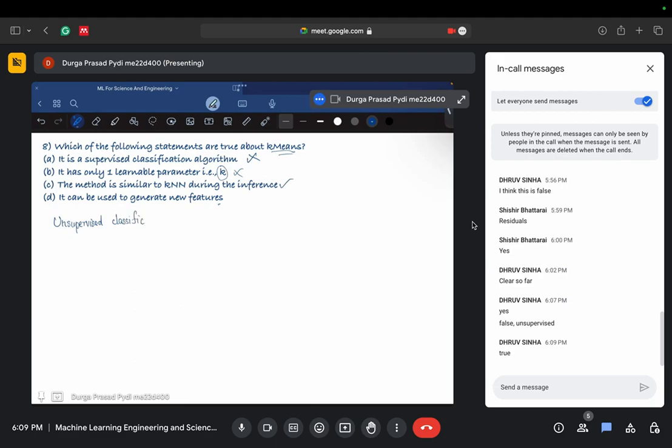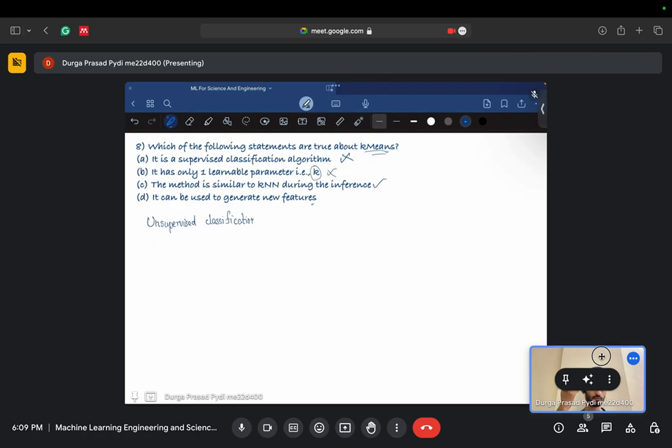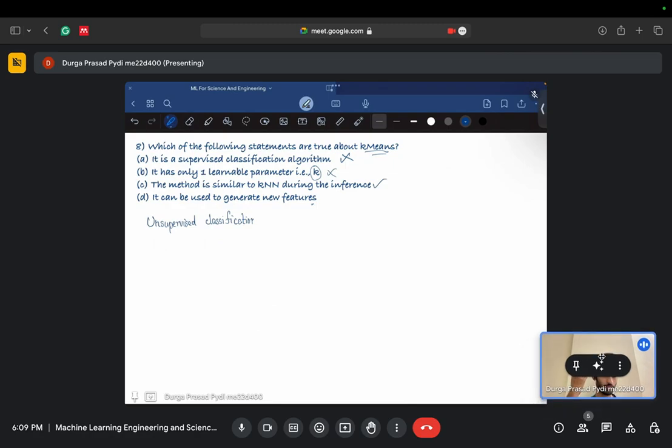Maybe I can give one example. Say you have some data set and you know that data set has some noise. Basically the data set has some incorrect labels in it. People typically call them anomalies or outliers or whatever name you are familiar with.